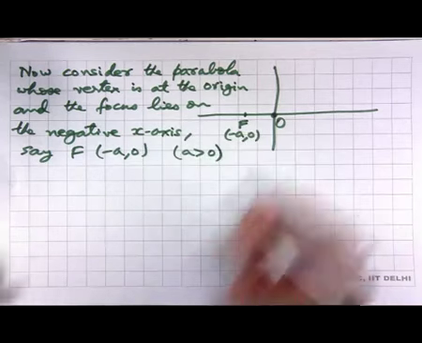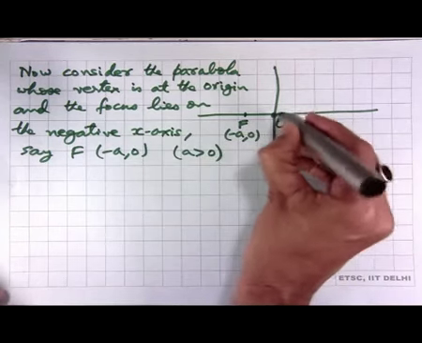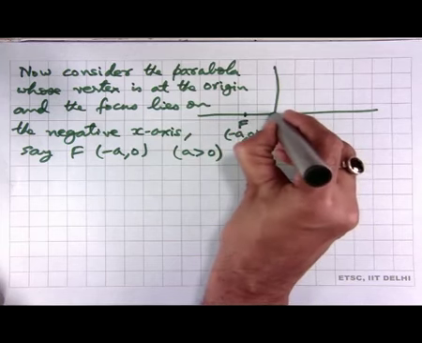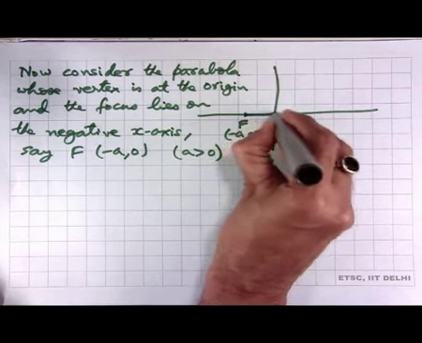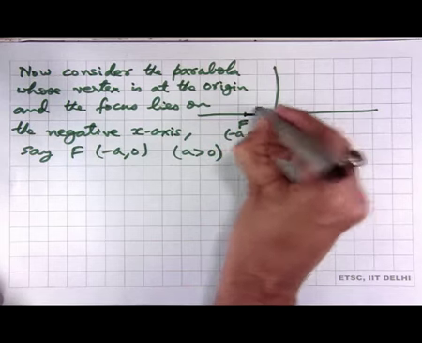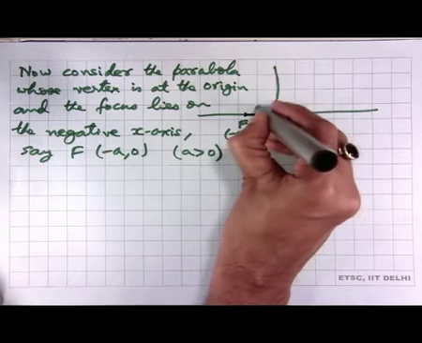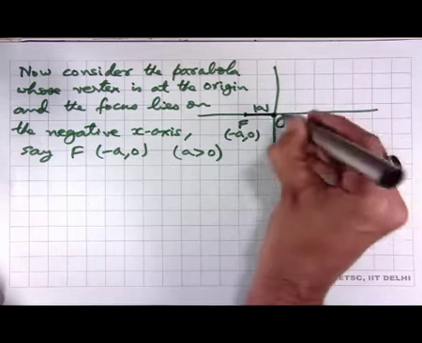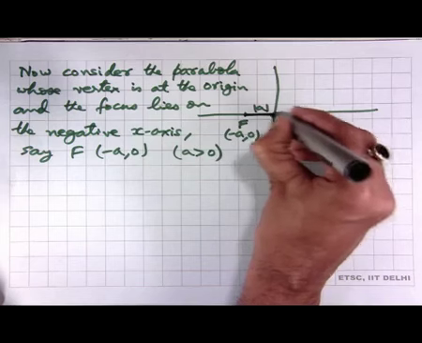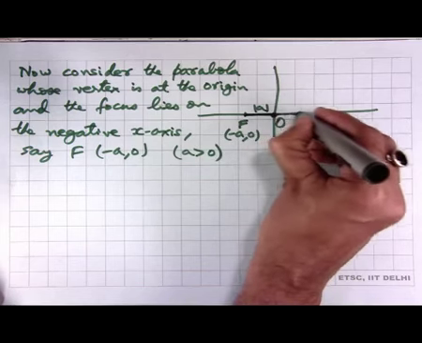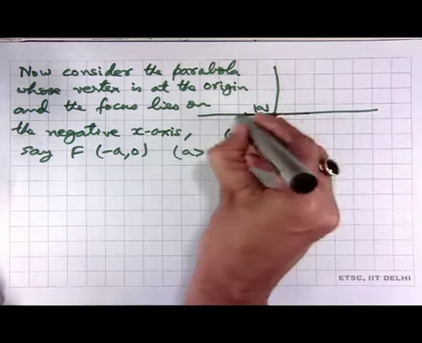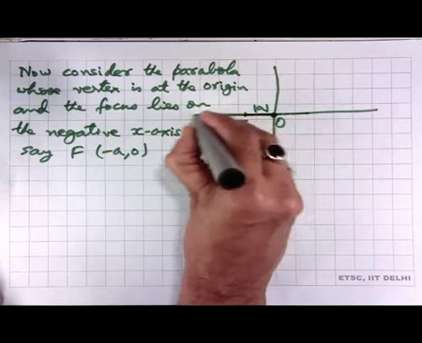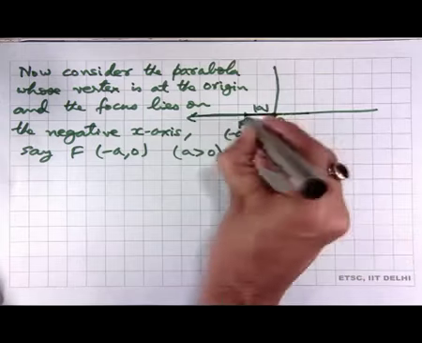So, in this case what will be the directrix? If we see the distance of the vertex from the focus, this is equal to mod a. So, the directrix will be perpendicular to this axis. Axis is the line joining the vertex to the focus.